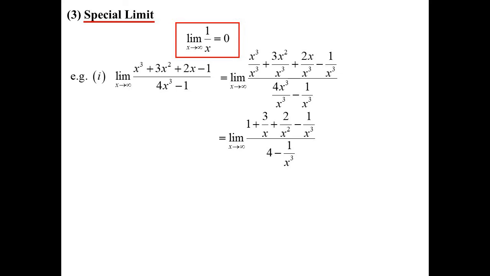But now I can go back to that limit. Our special limit was 1 on x, but it could have just as easily been 1 on x squared, 1 on x cubed, whatever. Whenever you've got constant over infinity, if you want to think of it that way, then that's approaching 0. So all of those fractions are approaching 0, and we're just left with constants, 1 on 4. So that limit must be a quarter.